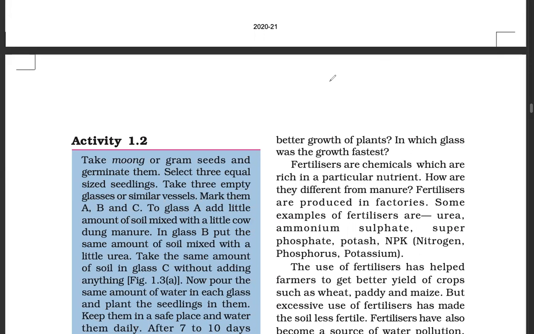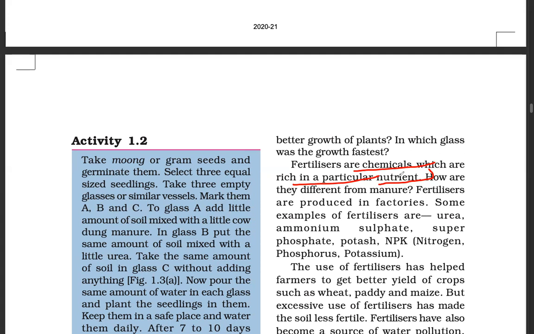Okay, so fertilizers are chemicals which are rich in particular nutrients. Manure provides everything, but fertilizers are specific.